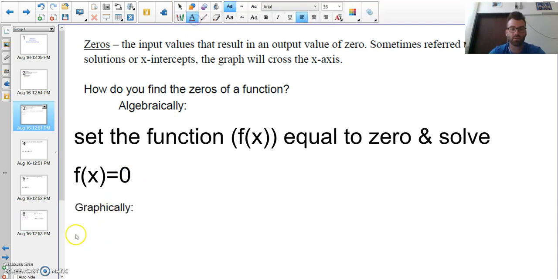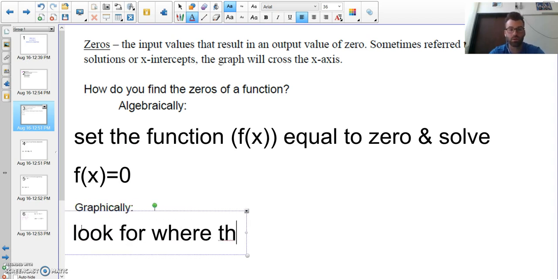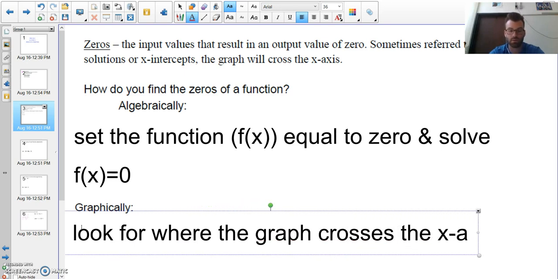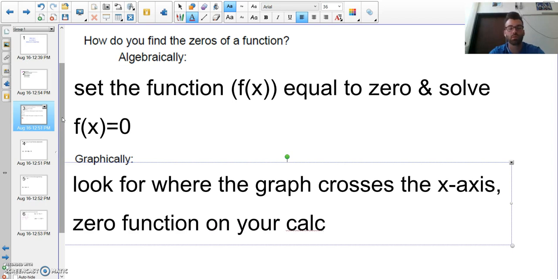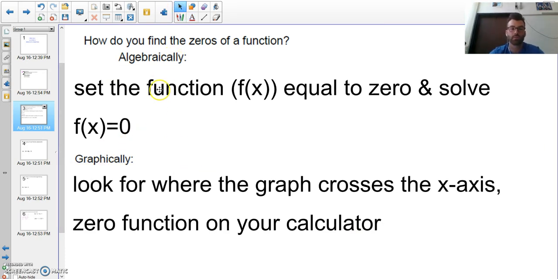To find it graphically, you look for where the graph crosses the x-axis. And as we'll talk about later, you can use the zero function on your calculator. I'll show you how to do that in a little bit. So to find algebraically, we set our function equal to 0. Graphically, we see where our graph crosses the x-axis.